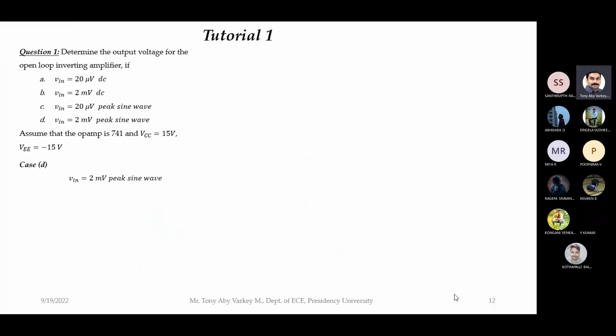Can you tell me how will you write it? V in equal to, how will you write it? Anybody?